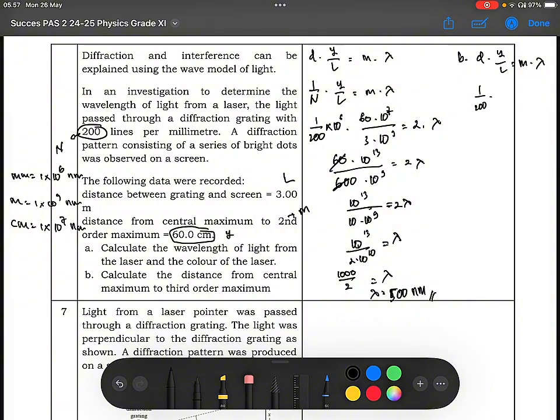The Y is the answer. The same, the third order, so the M is 3.